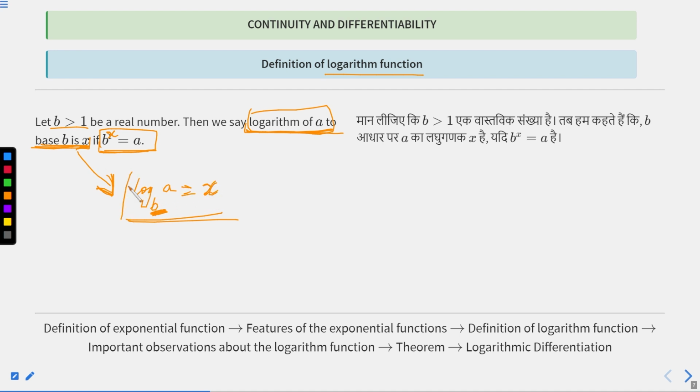So this is in terms of log, and this can be seen as x in terms of exponent in this manner, which means that b power x is equal to a. Both are the same, both mean the same but in different contexts. Okay, simple. Okay, let us move to next.